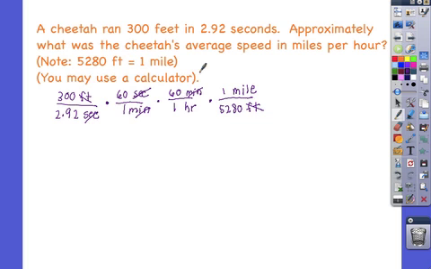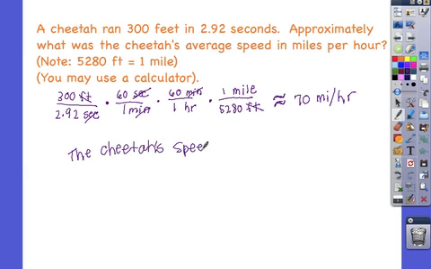Now this question said that we can use a calculator, so you can just multiply straight across the numerator, multiply straight across the denominator, and divide your numerator by your denominator, and you get an answer that is approximately, so I'm going to put a squiggly equal sign, which means approximately 70 miles per hour. So the cheetah's speed is about 70 miles per hour.